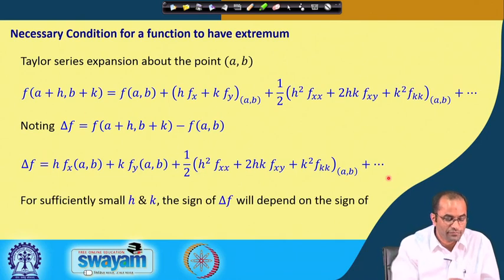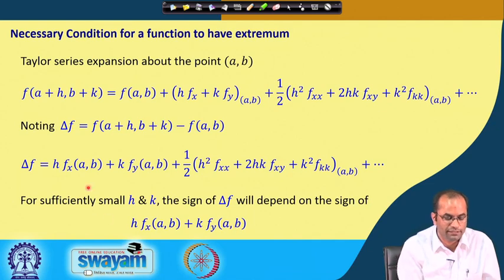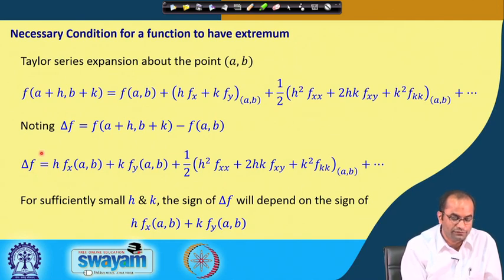So, for sufficiently small h and k, the sign of Δf will depend on the sign of h f_x + k f_y at (a, b). We will also see this in detail in the next slide. The sign of Δf basically will depend on the sign of this first term.